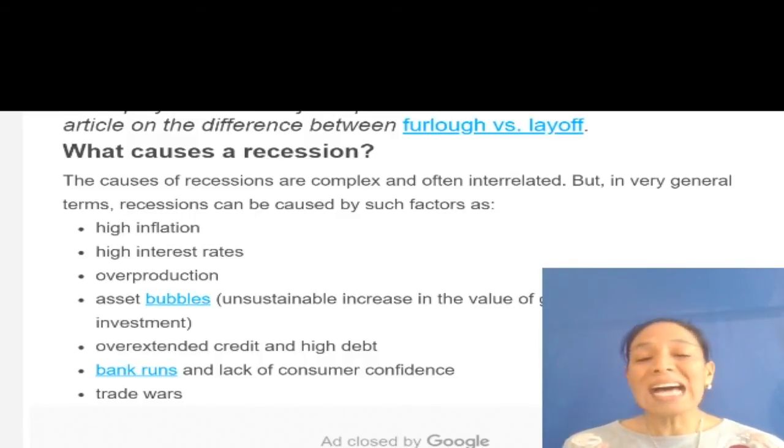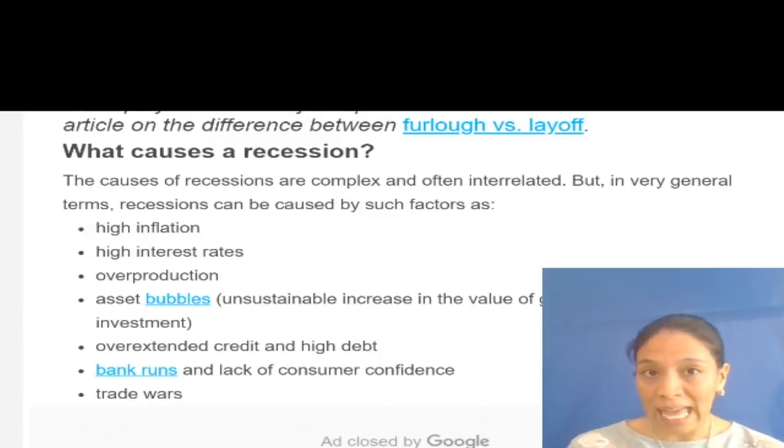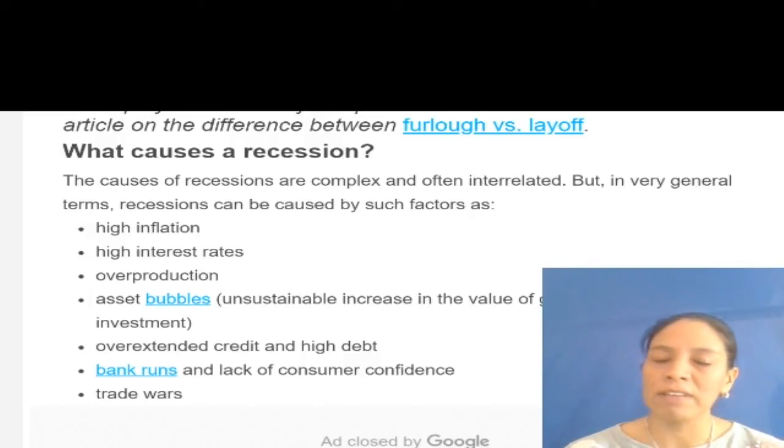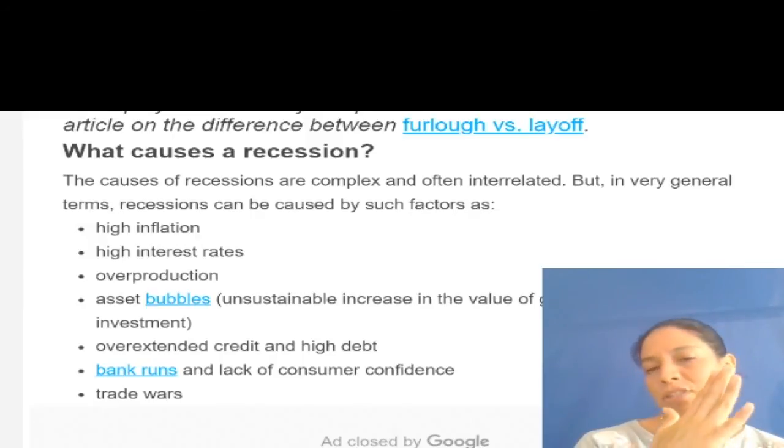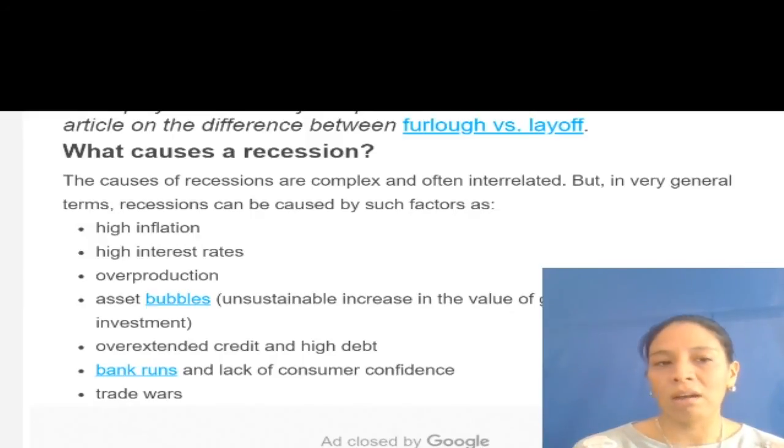Okay, now asset bubbles. We're gonna explain that next class with more detail, speculations and bubbles, because these are economic terms that are very, very important for you to know. That's gonna make you understand a lot of the things. And bubbles, just as a preview, as a spoiler, has to do with speculations. Okay, people start perceiving that the economy is growing, let's say in that period of expansion within the economic cycle.